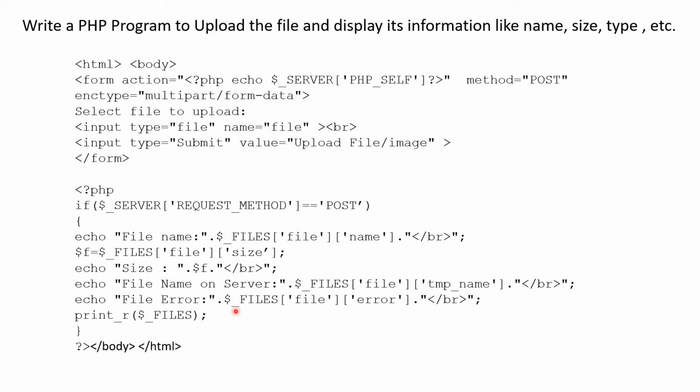After that, we can also display the file name on the server, which is displayed by using the attribute tmp_name, and we can also display the error message related to the uploaded file by using the error attribute. And after that, we close the PHP tag here.